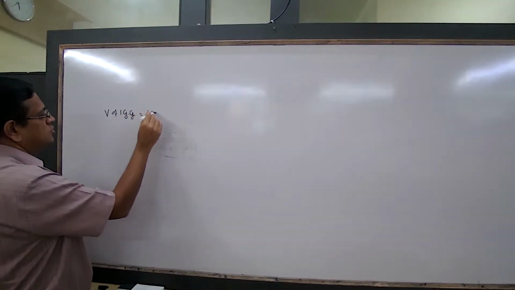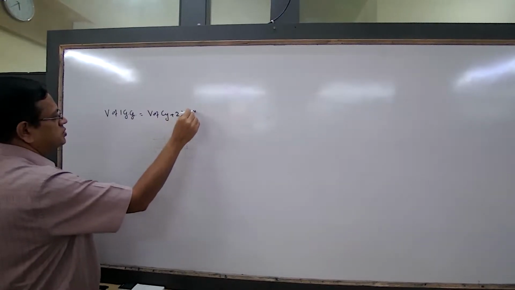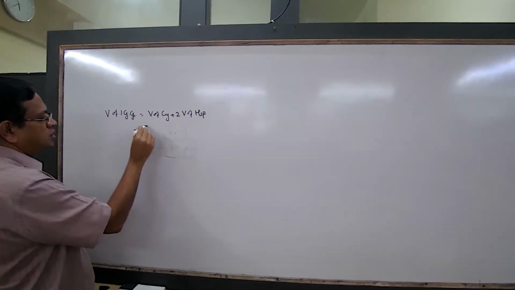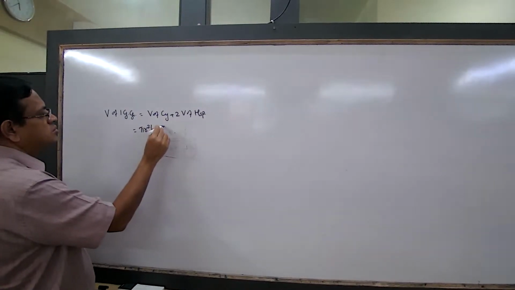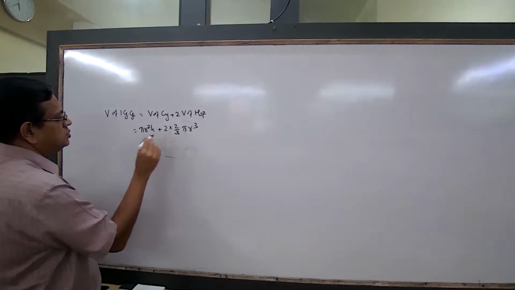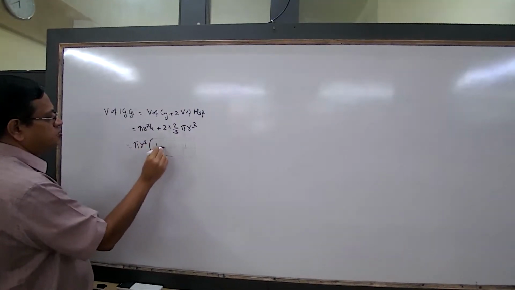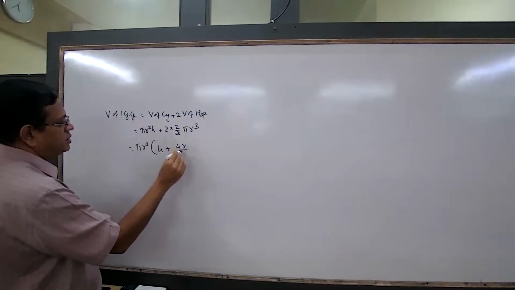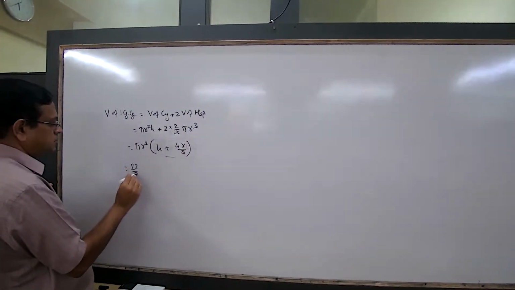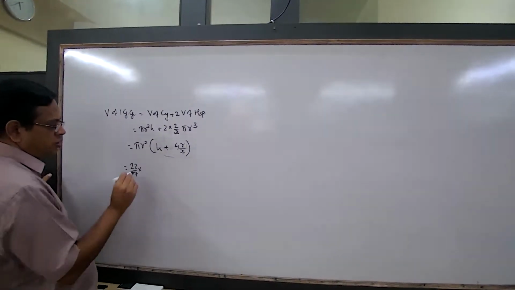Therefore, volume of one gulab jamun is equal to volume of cylinder plus 2 times volume of hemisphere. That is pi r square h plus 2 times 2 by 3 pi r cube. That is, pi r square is taken common, h plus 4r by 3. Pi is 22 by 7 into r squared; what is the value of r given? 1.4, no?